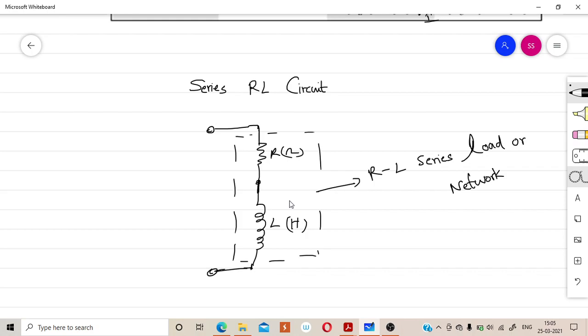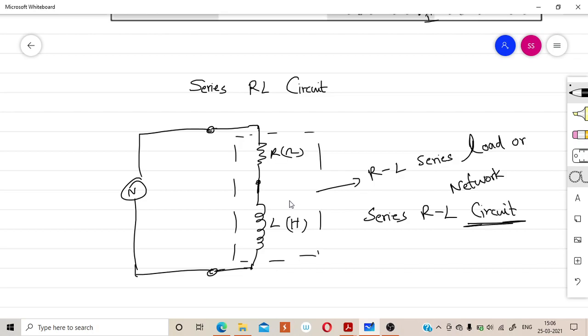Actually, in order to make this an RL series circuit, you have to close the circuit, you have to form a closed path. So the closed path is formed by connecting it to the AC source like this. Now this became a series RL circuit.